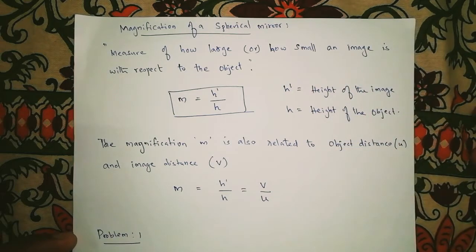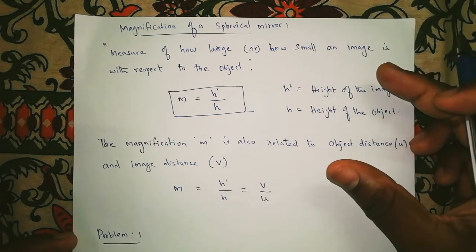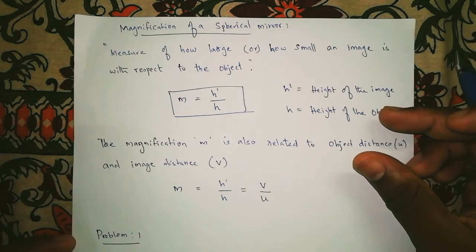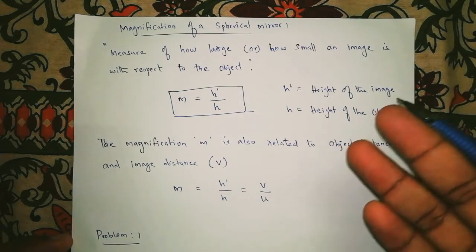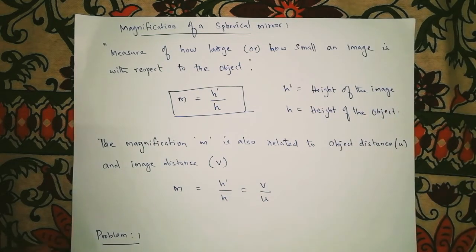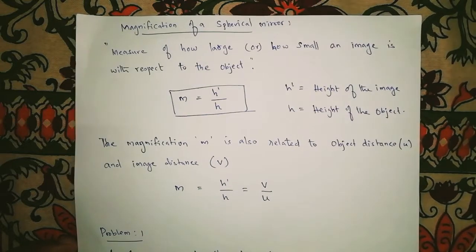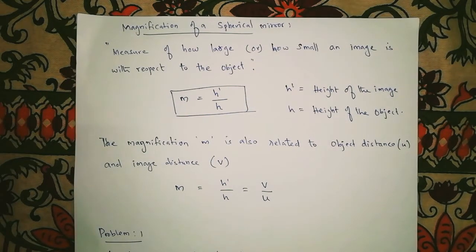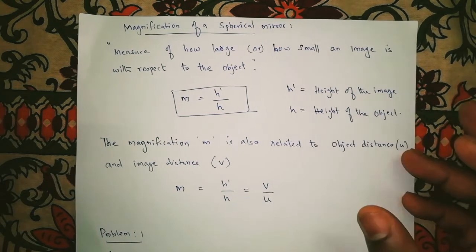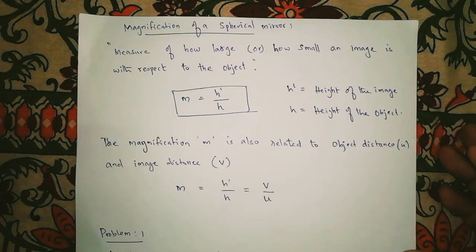That is what we name a magnified image and a diminished image. We learned these when studying image formation by convex and concave mirrors, the diminished image and the enlarged image.